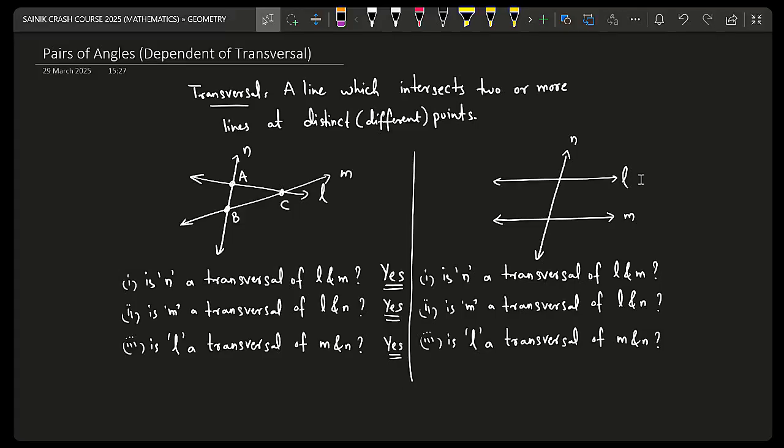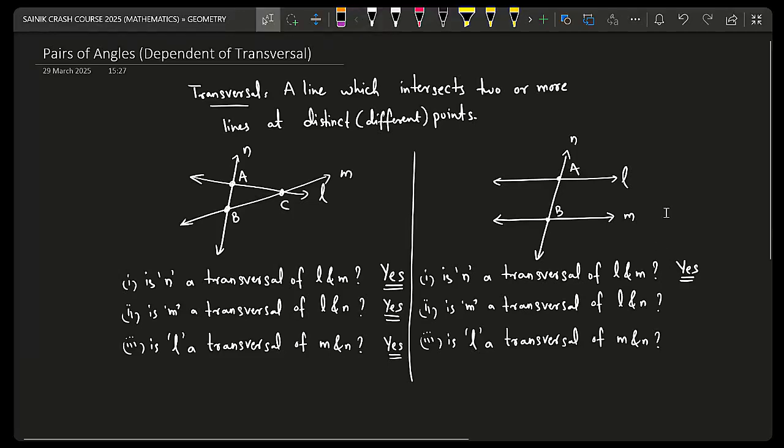Say this point is A, where N is intersecting L. N is intersecting M at B. A and B are distinct points. All the conditions are satisfied. Yes, N is a transversal of L and M. Very good. Harini, you can mute. And who is going to answer the next two questions?